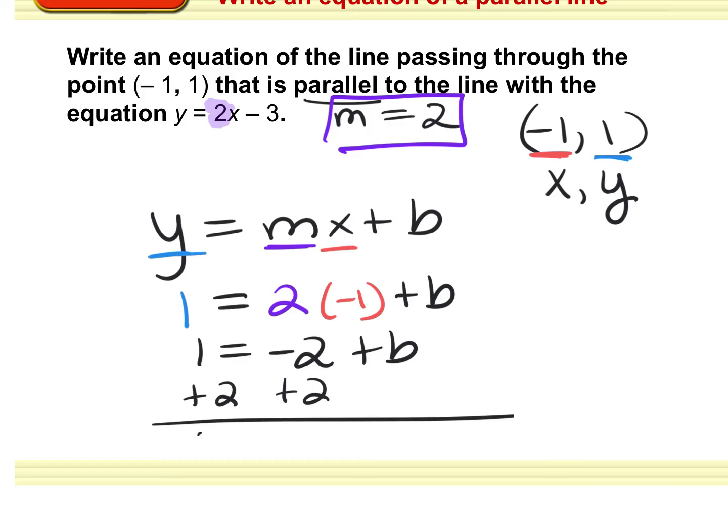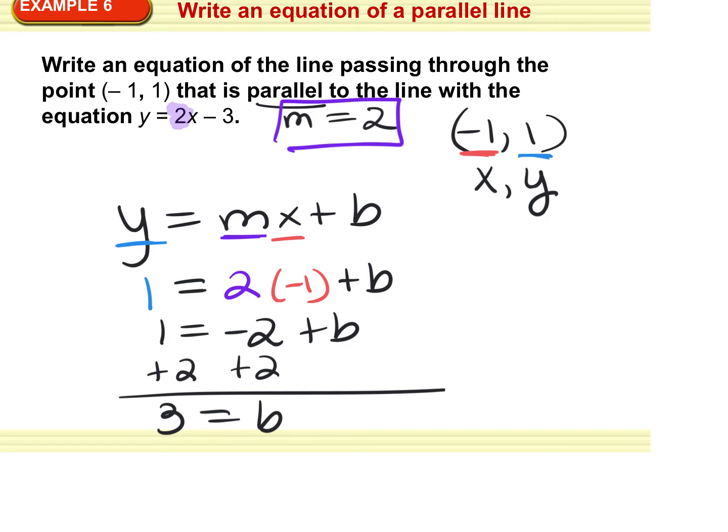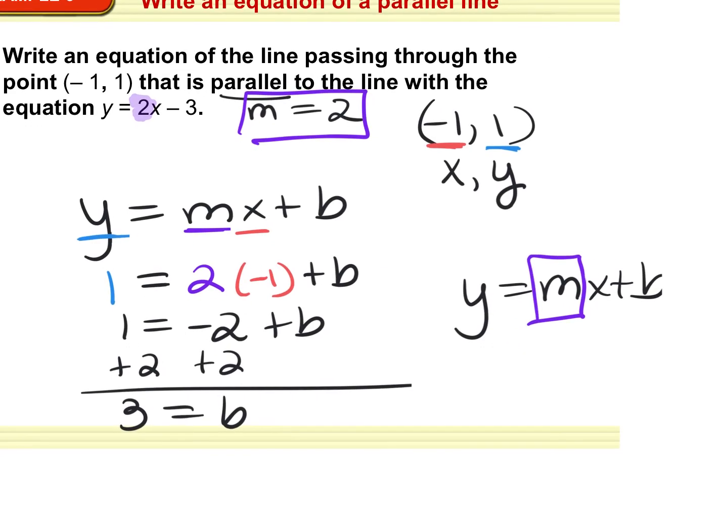And the b of my equation, going through that ordered pair, that specific point, that will be parallel to y equals 2x minus 3, is going to be 3. I now take y equals mx plus b again. I'm going to put in the same slope I just used and now replace the b with what I just figured out.